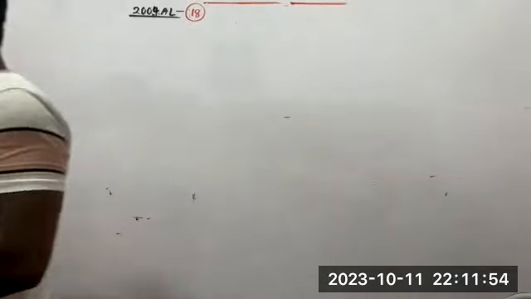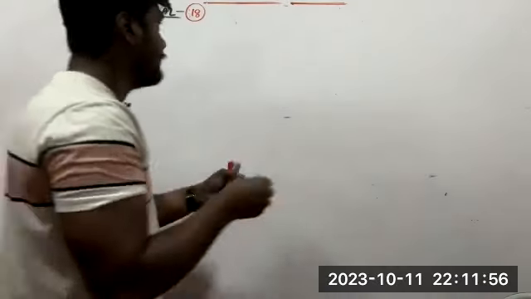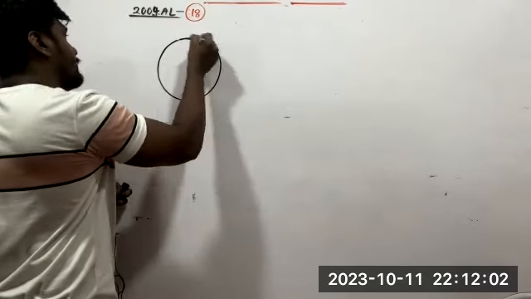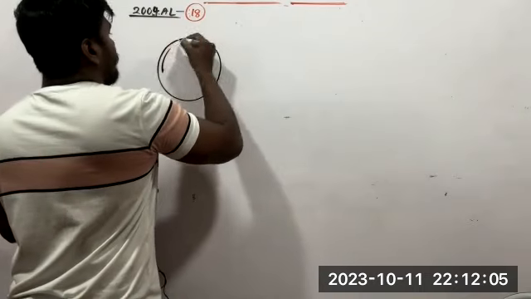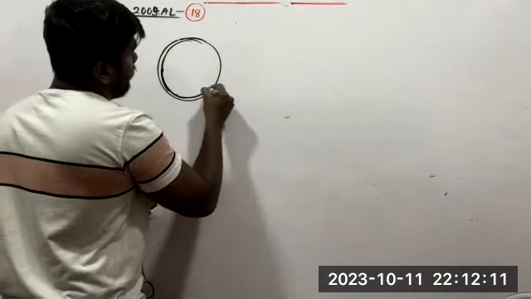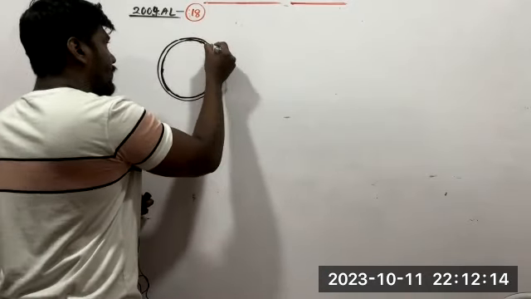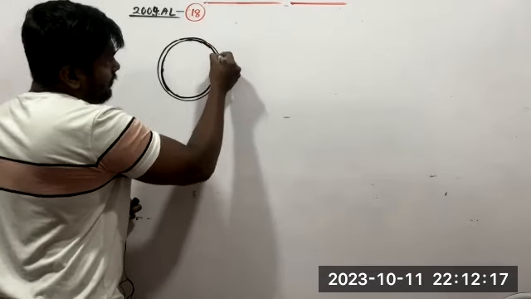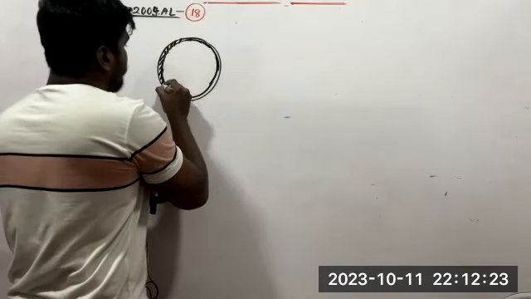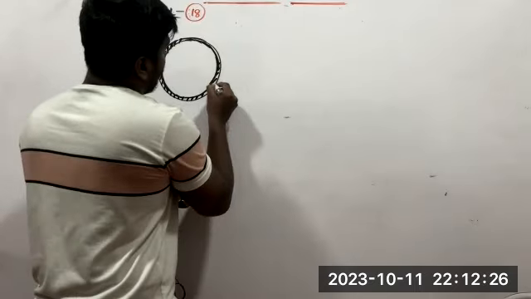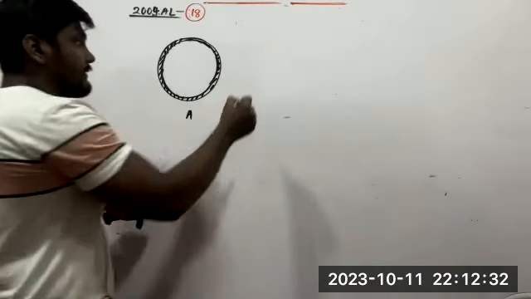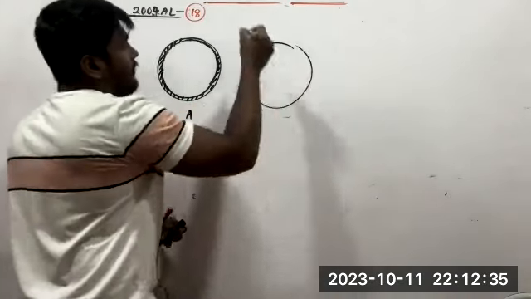Now in the diagrams they have given three types of objects, A, B, C. Object capital A. Capital B is a disk.